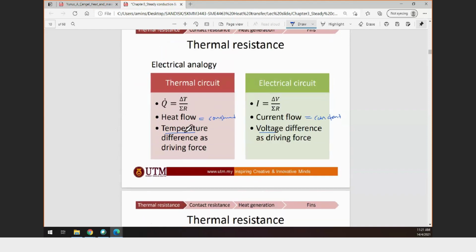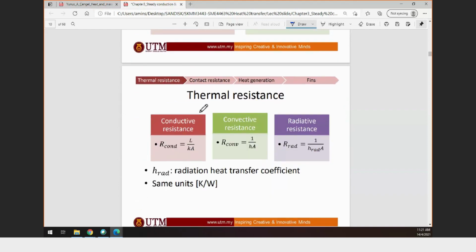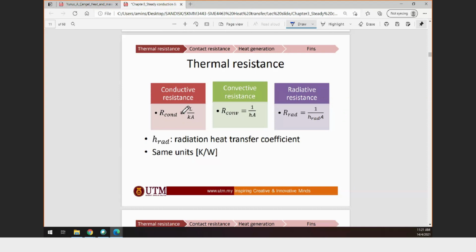Okay, so using this thermal resistance concept, you can also derive another resistance due to the convection, as well as the radiation. Look here: you can calculate Q conduction if you know the temperature difference divided by R conduction.